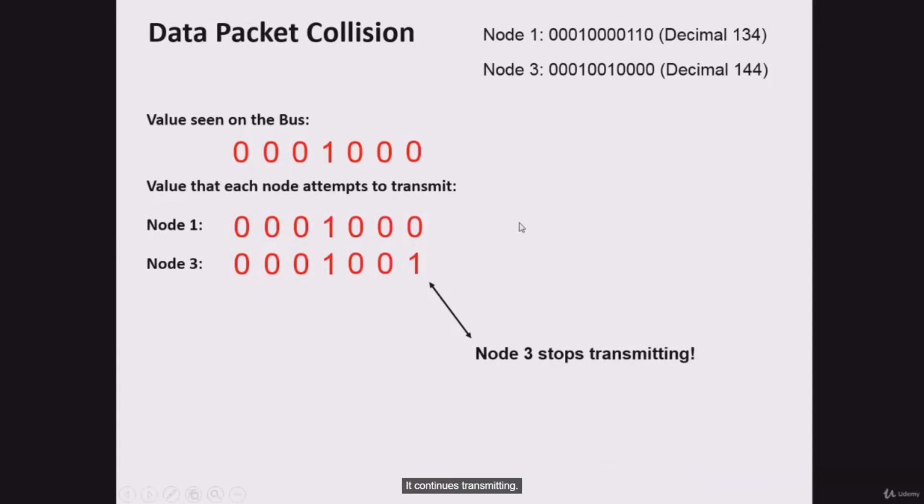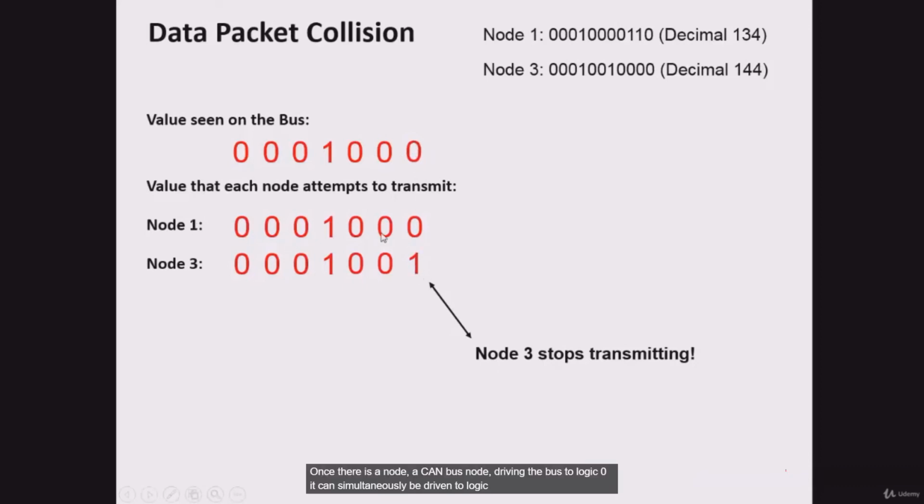It continues transmitting. So why is it that when node 1 transmits a 0 and node 3 transmits a 1, it ends up 0? Remember in a previous lecture, I told you that if the bus is driven to logic 0, it can't be driven to logic 1 simultaneously. So remember, logic 0 is dominant, 1 is recessive.